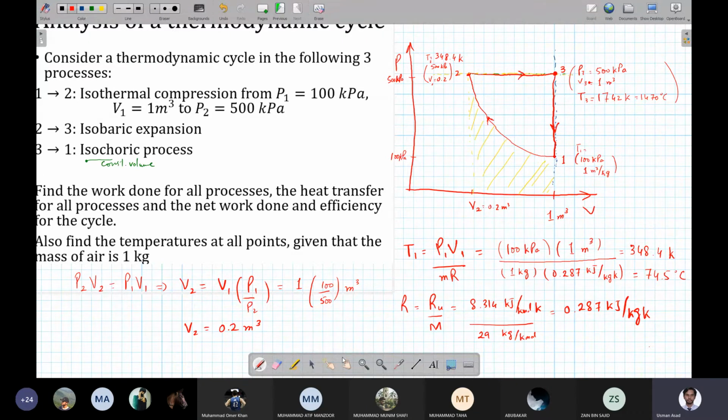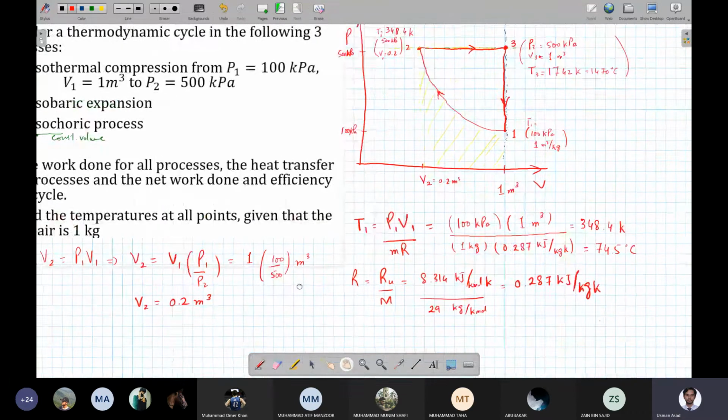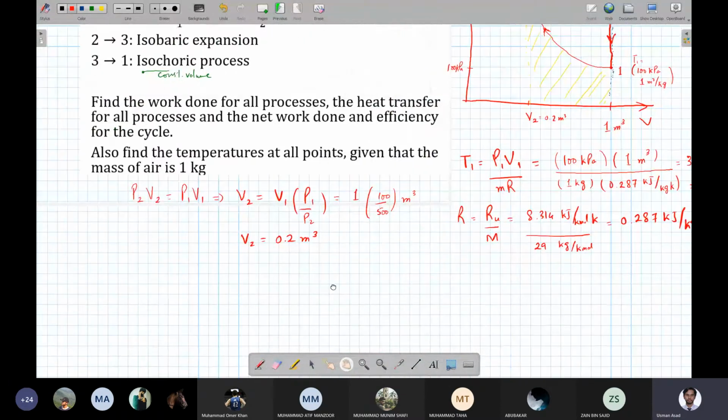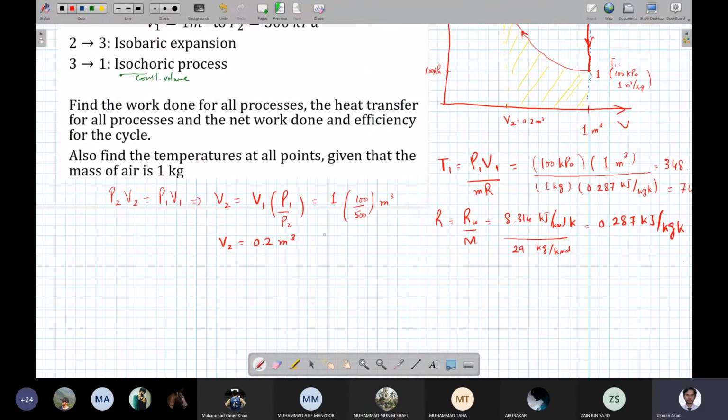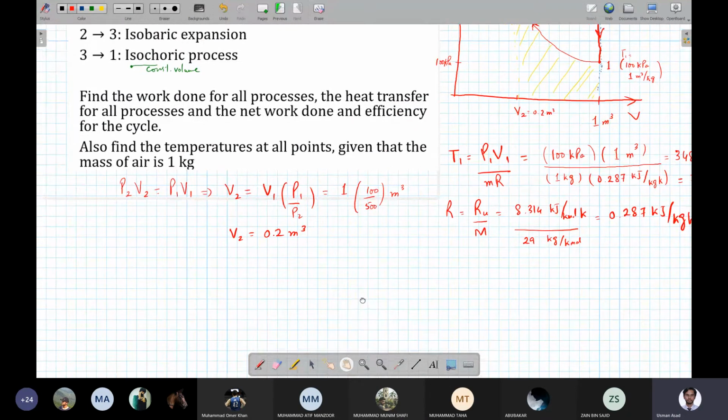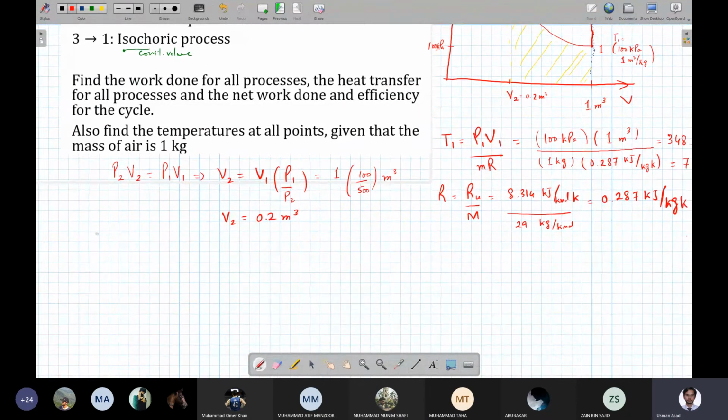ठीक है, so now we can do some other calculations and have some more fun by calculating things in multiple different ways. ठीक है, so for this process 1 से 2, what's the work done?